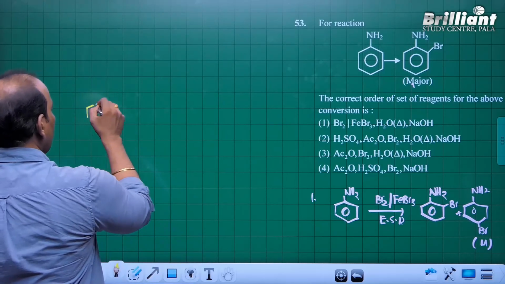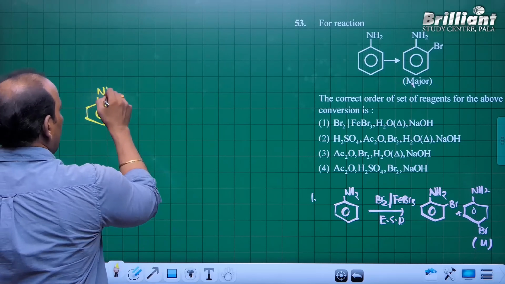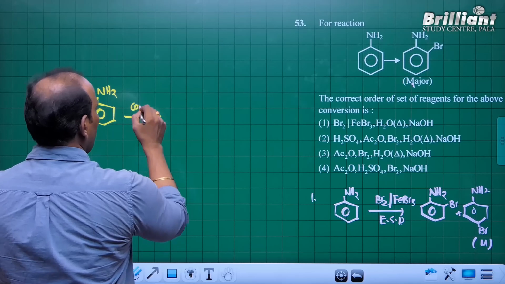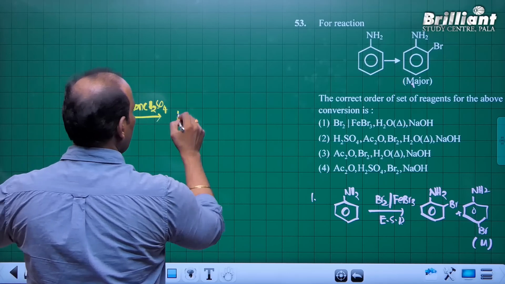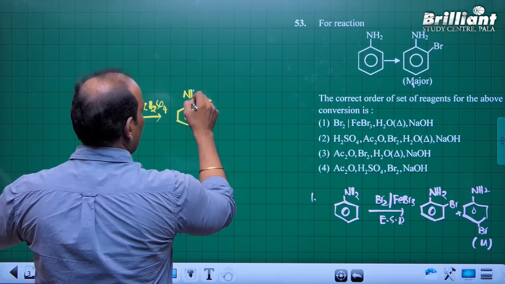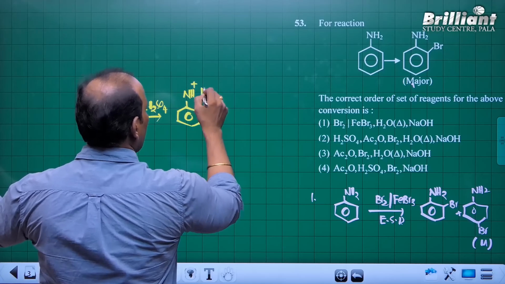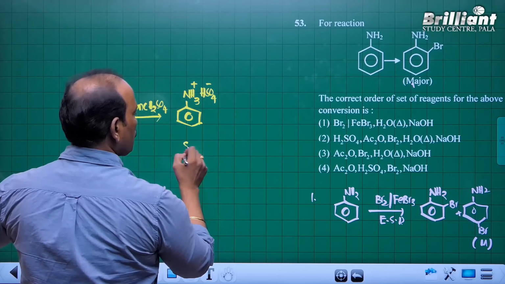Now aniline is taken and treated with concentrated H2SO4. We get a salt, NH3 plus HSO4 minus, which is the stable salt.